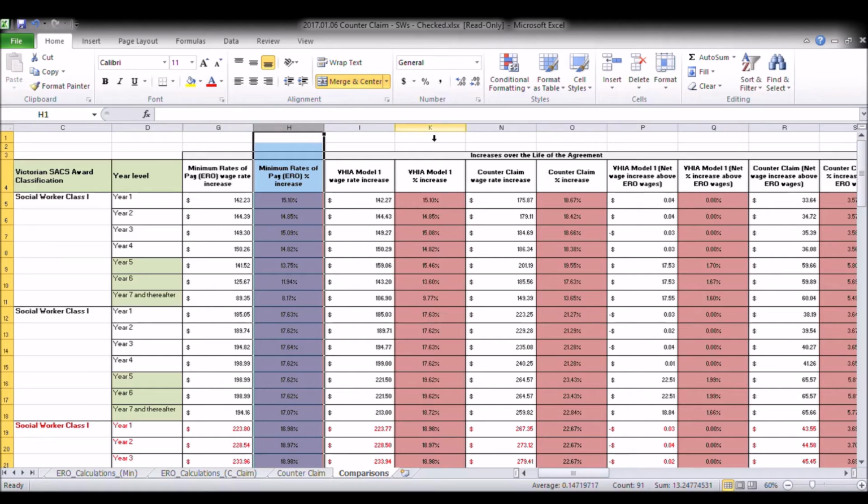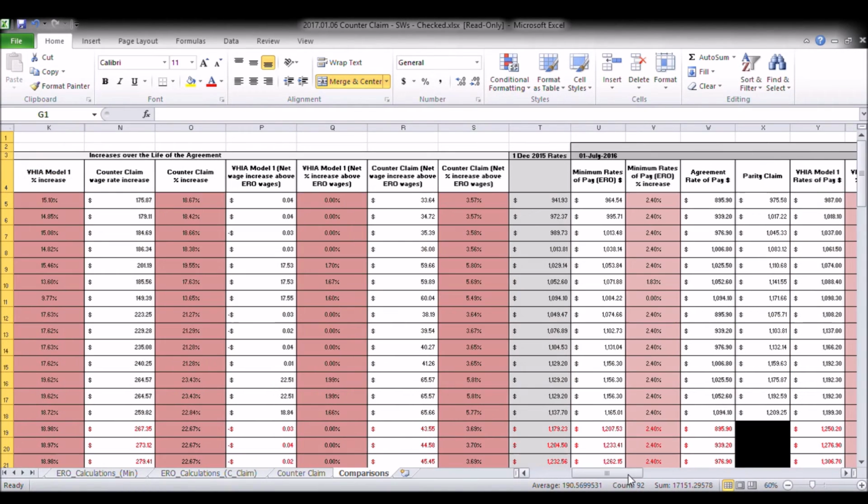Then we also have in K, in percentage terms, what the VHIA Model 1 proposed. And then in column O, we have the counterclaim increase in percentage terms. Here, you also have the relevant figures in dollar terms.